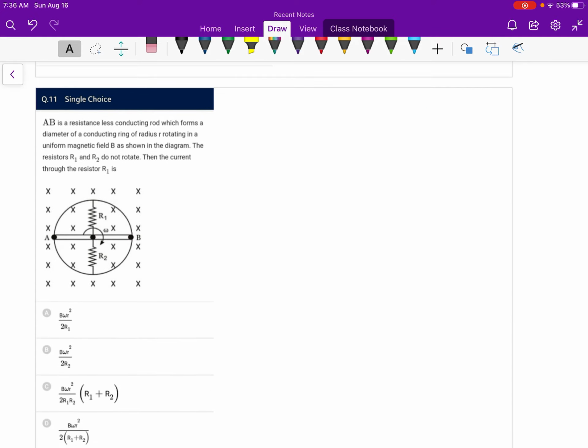The resistors R1 and R2 are given. The current through the resistor R1 is... in this there is a potential difference, an EMF induced in OB as well as OA.